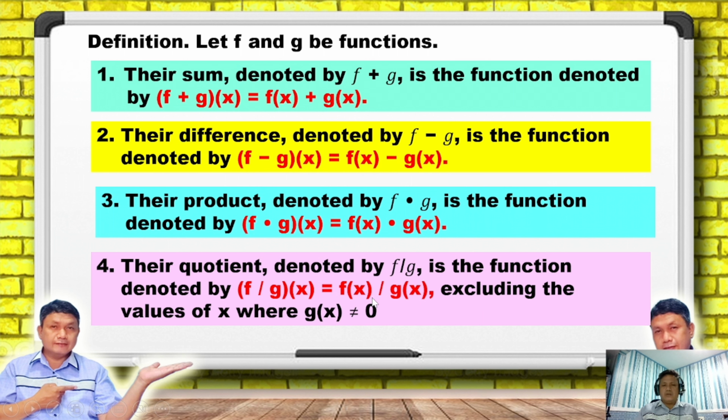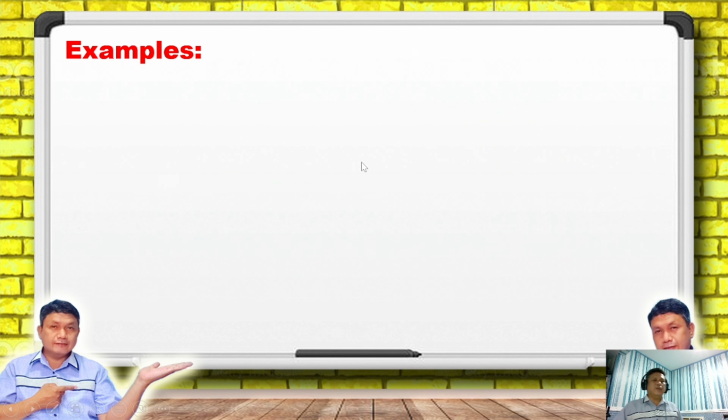Ito na nga yung binanggit ko sa inyo kanina, dapat divisor natin is not equal to 0. Again, class, so these are the different operations on functions that we will use in our next example. So, hopefully, matandaan nyo po siya. So, I think you are already familiar dun sa operations at master na po natin kung kailan tayo mag-add, subtract, multiply, and divide. So, let us begin with the first examples.